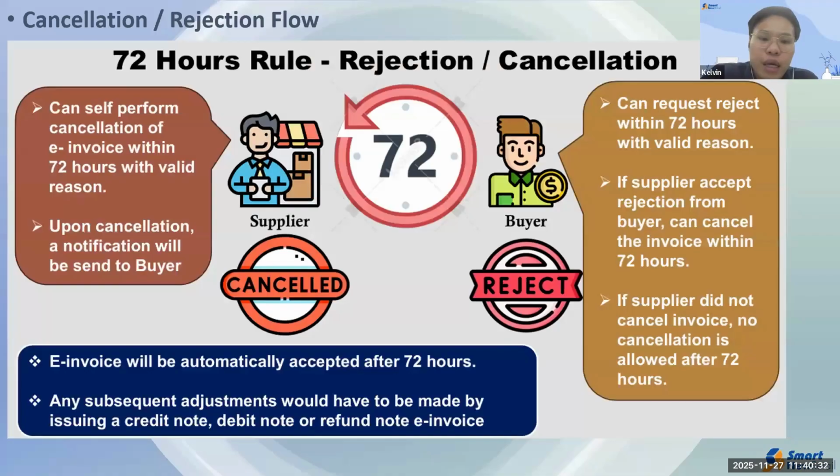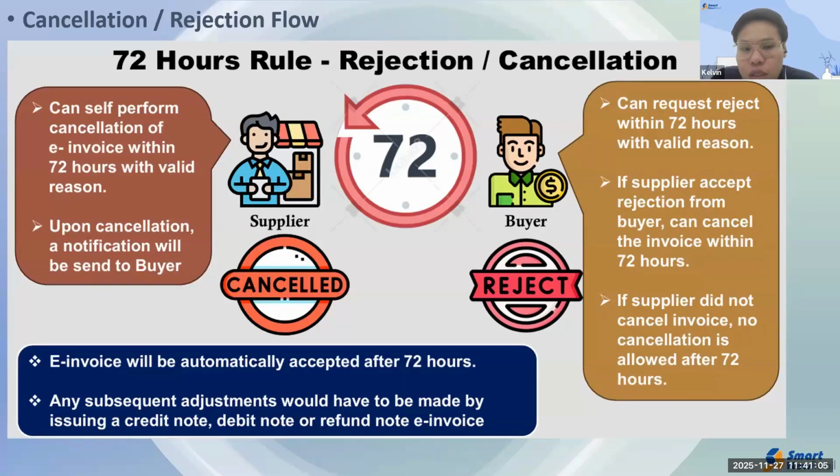Next. After you submit the e-invoice, you are not able to edit. If you found something wrong with the document and want to edit, you can request for cancellation. For cancellations, LHDN has given us a rule, which is the 72 hours rule.